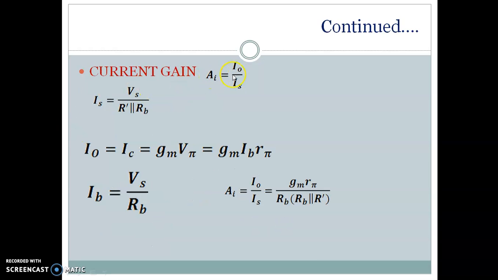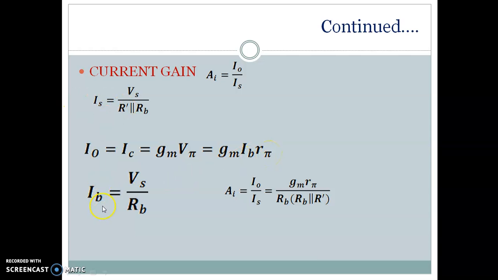Next, the current gain. A is equal to I naught by Is. So your Is is nothing but Vs by the input impedance, which is R dash parallel Rb. And your I naught is equal to Ic, which is Gm V pi, which is Gm Ib times R pi.